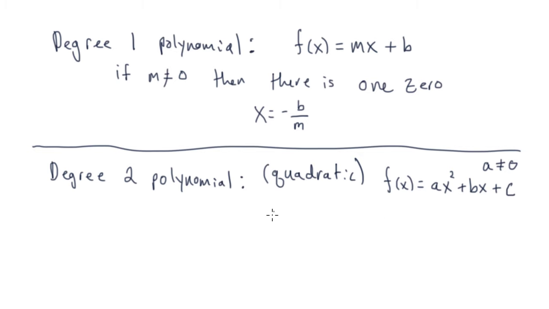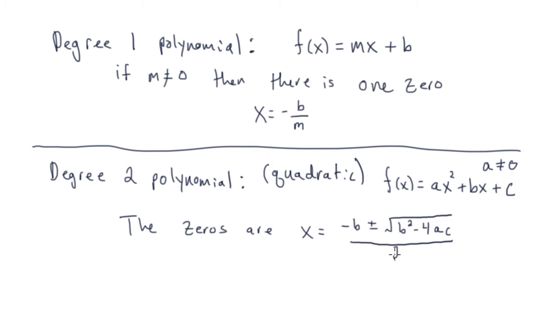So if a is not 0, the zeros are, so it's negative b, negative the coefficient in front of the x to the first term, plus or minus the square root of b squared minus 4 times a, the leading coefficient, times c, where c is the constant term, all divided by 2a. So you see, of course, we need a to not be 0, otherwise this doesn't make sense. Just like here, we needed m to not be 0.